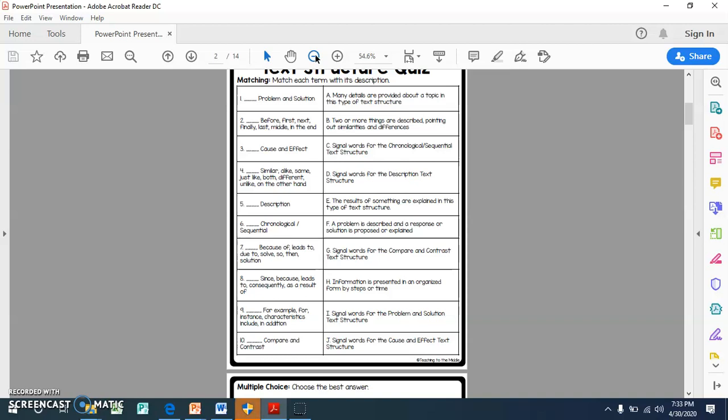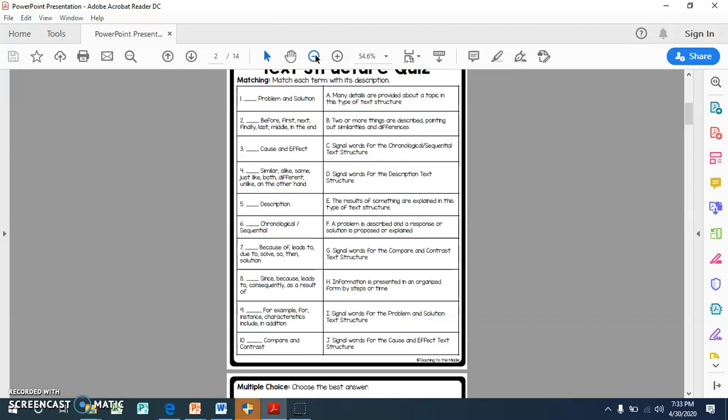Is number 1 a possible signal word for description? Is number 1 the results of something explained in this type of text structure? Is a problem described in a response or solution proposed or explained? Is number 1 signal words for compare and contrast?